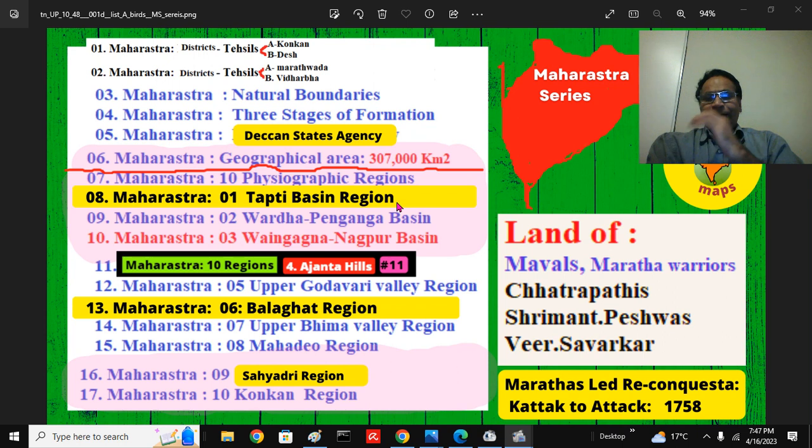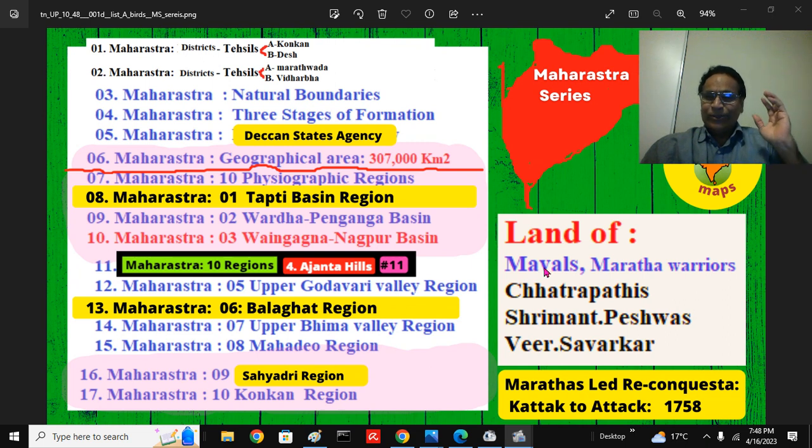Because after the collapse of Rajput resistance to Central Asian invaders across the Khyber Pass, it is the Marathas who took up the challenge and rolled back the conquistadors, called Reconquista. Maharashtra is the land of Mavals.